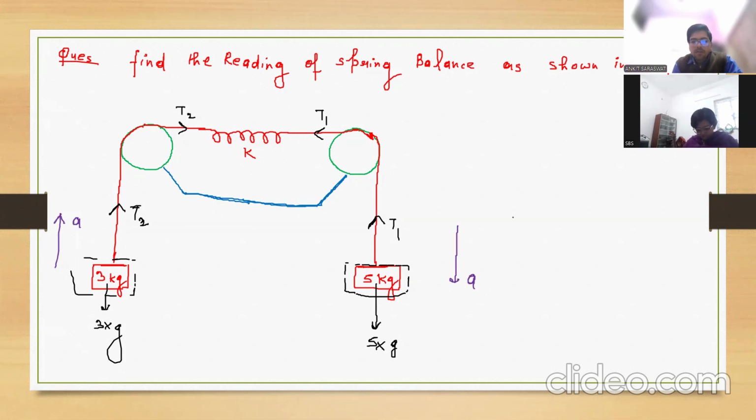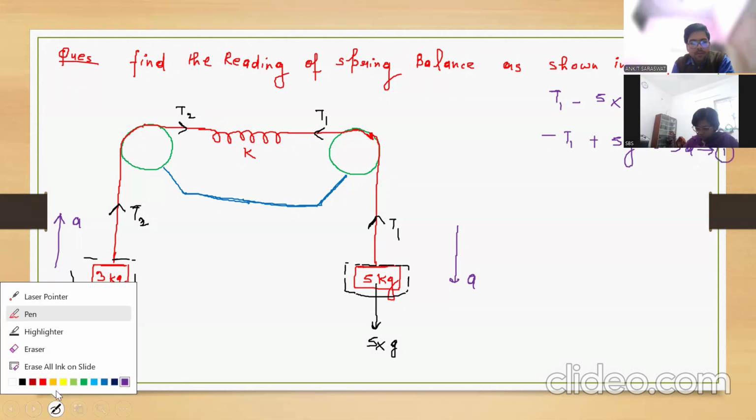For the 5 kg block: T1 minus 5 into G equals 5 into minus A. So it will be minus T1 plus 5G equals 5A. Equation 1.